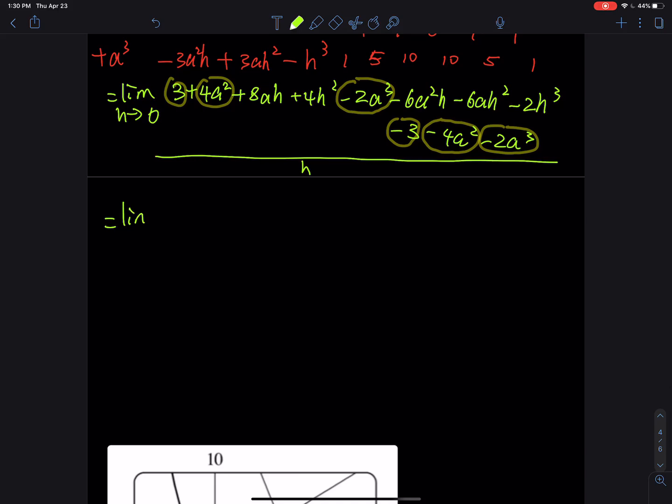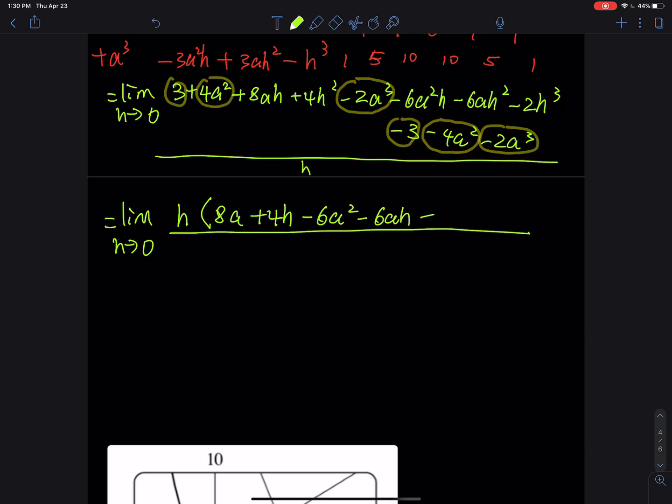So limit as h goes to 0. And then you factor out an h. So this is h times (a plus 4h minus 6a squared minus 6ah minus 2h squared), divided by h. Finally, you are able to get rid of the h in the denominator.